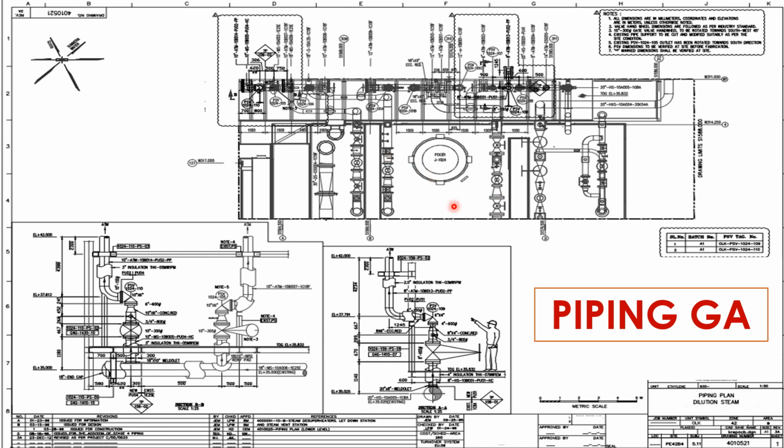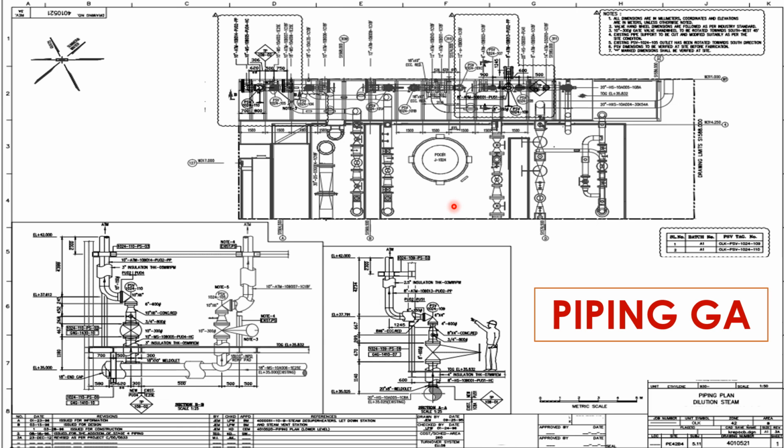Piping GA is something that will show you more detail than any other drawings in the process industries, because all the other discipline drawings will only show you their respective information, but only in piping you can find the cable trays, the structures, the lighting post, the junction box and everything.